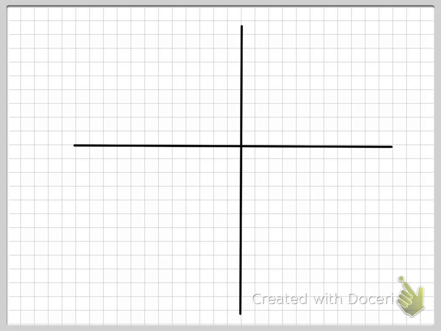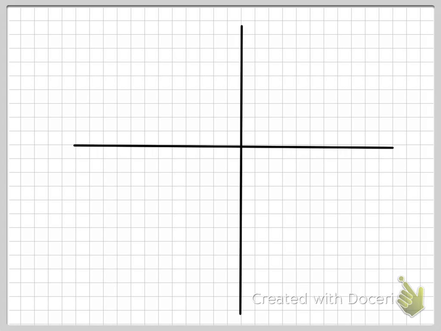So we're going to graph each of these ordered pairs, and we're going to tell what kind of graph it's going to make: a linear, exponential, or a quadratic or a parabola.